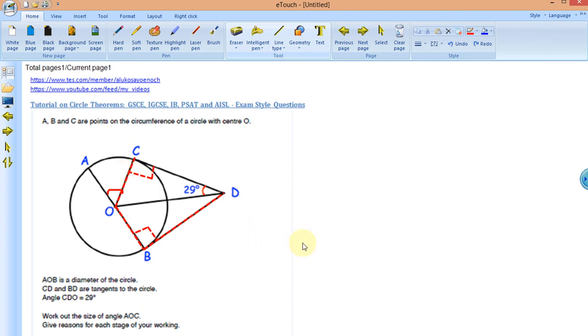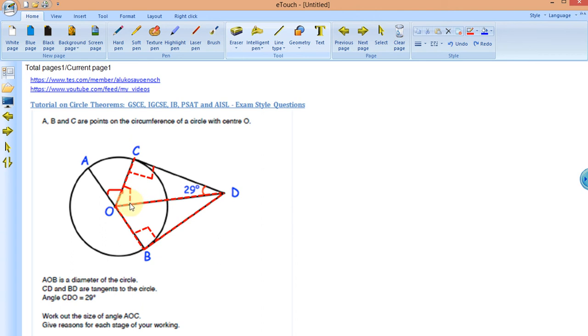Okay, so what else can we do, guys? If you look at this, let's go for COD. That's a complete triangle, and you have 90 and 29 out. So this remaining part here, it's not 90, this is not perpendicular.